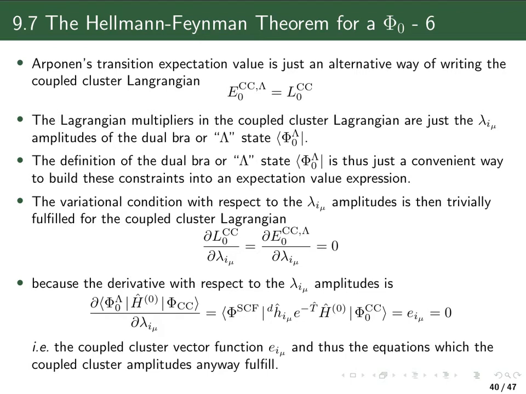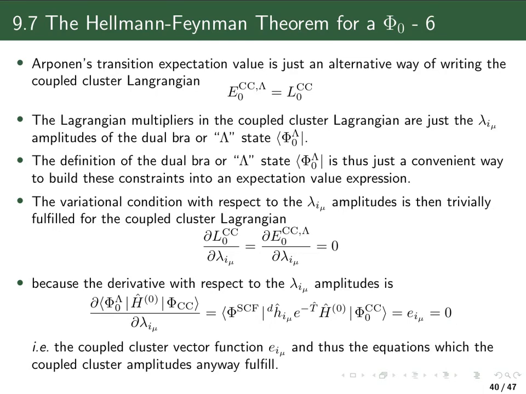But the derivative of the coupled cluster Lagrangian with respect to these new lambda amplitudes is trivially zero, because if you take the derivative of the Lagrangian with respect to the lambda amplitudes, you just get your coupled cluster vector function, the equations for the coupled cluster amplitudes back, and if we have determined the coupled cluster wave function amplitudes from this equation, they are just zero. So this is trivially fulfilled.